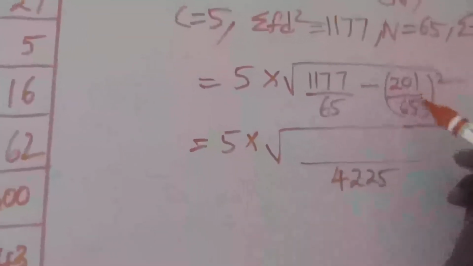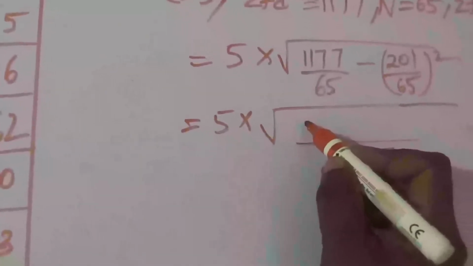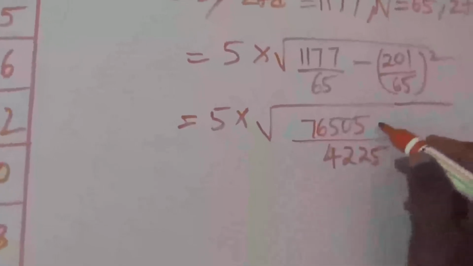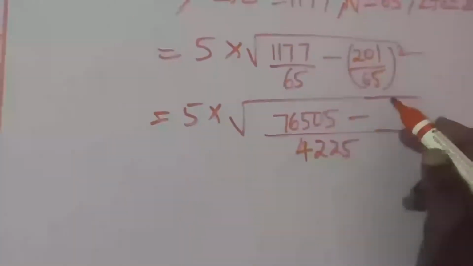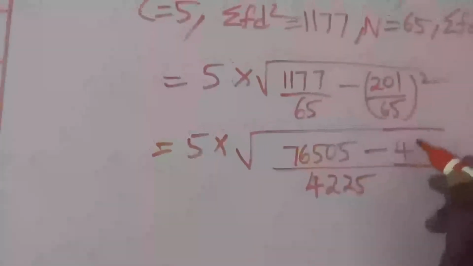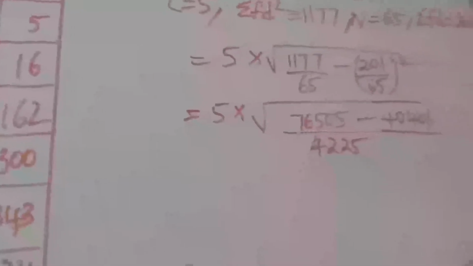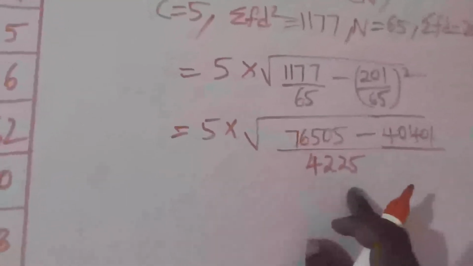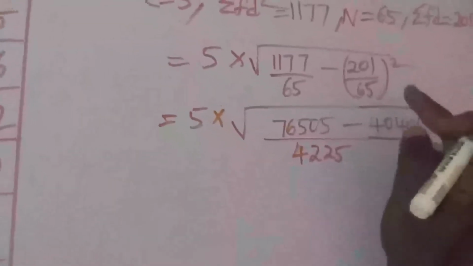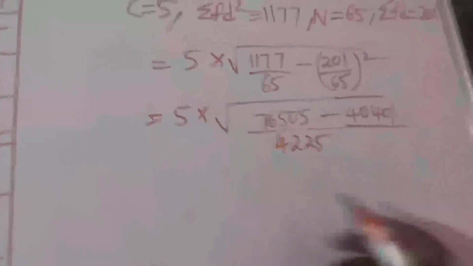So now I'll be getting 76505 minus 40401. So this is the LCM method. You can multiply this term and write it, or you can take this 65 as a common term and do it in that particular step also.